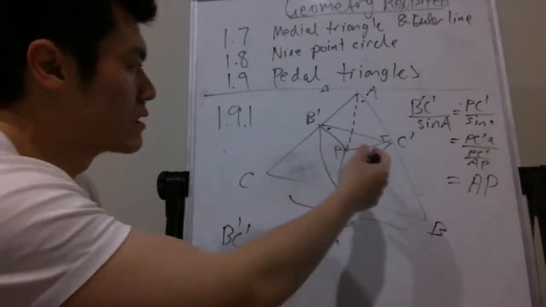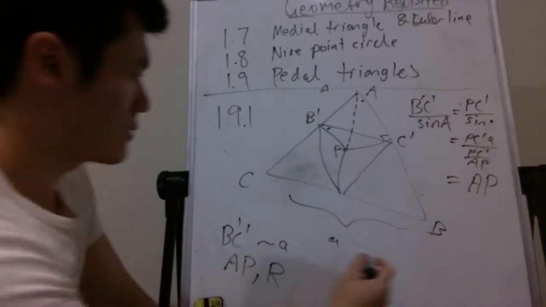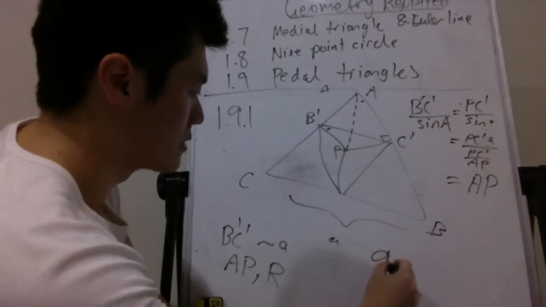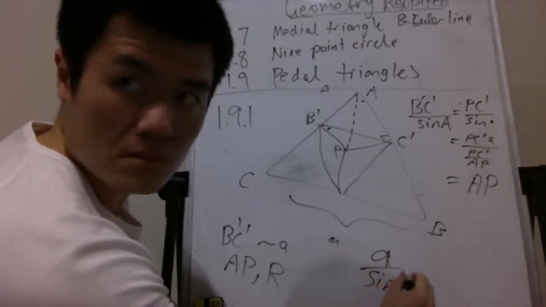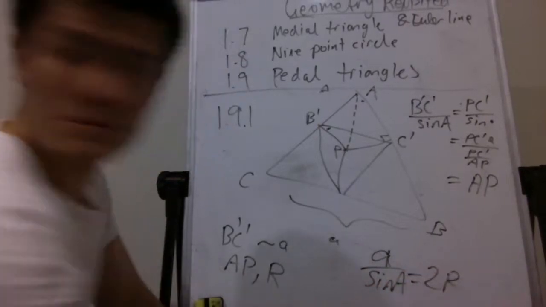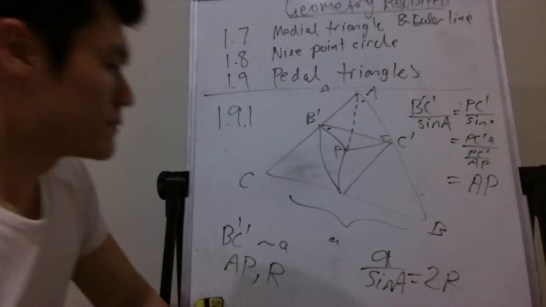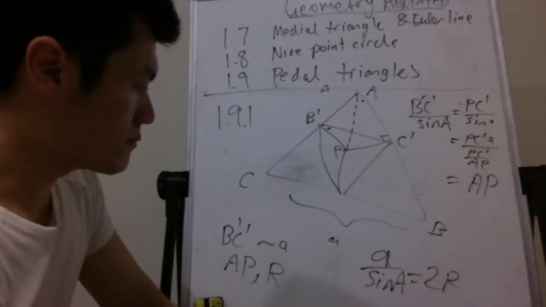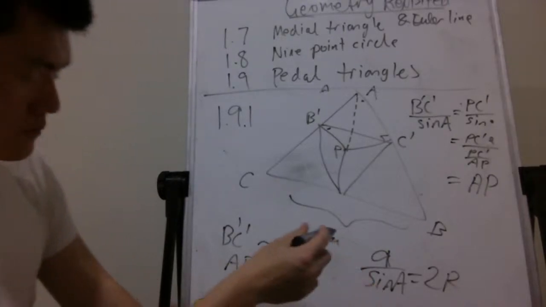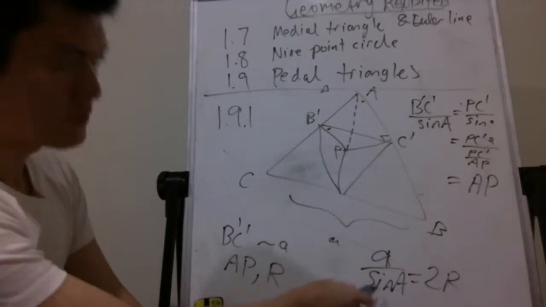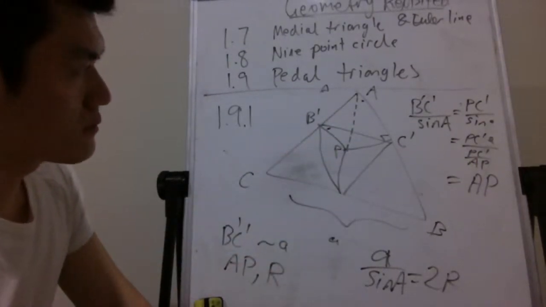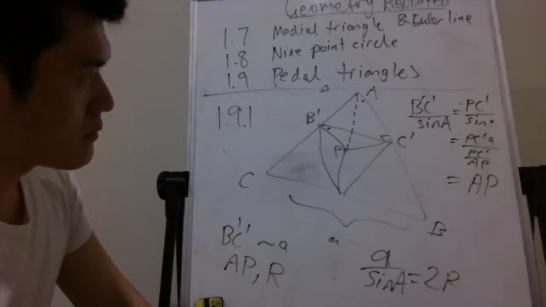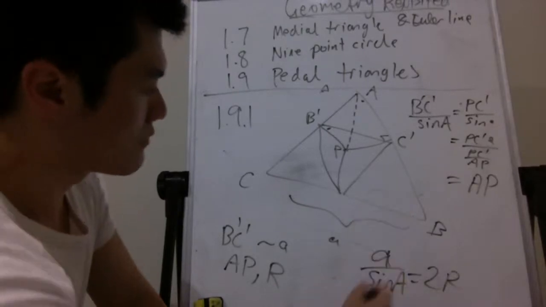And similarly, BC, or little a, over sine A is equal to 2R. So you can eliminate sine A from both in terms of AP and R. You can just divide the two, for example.